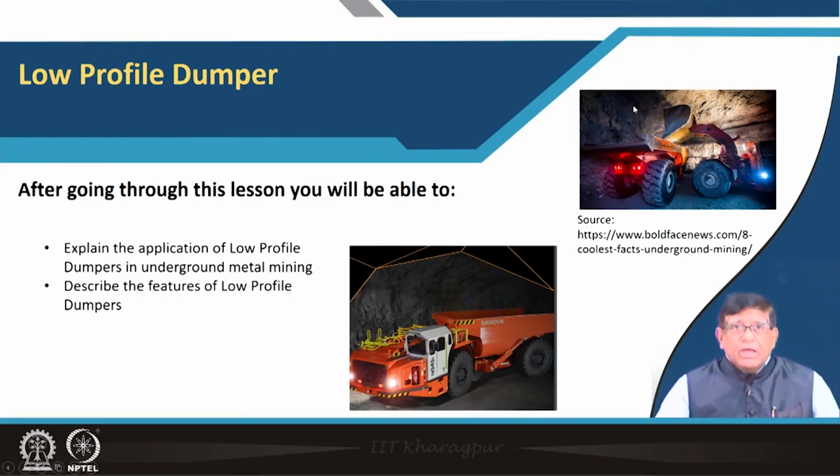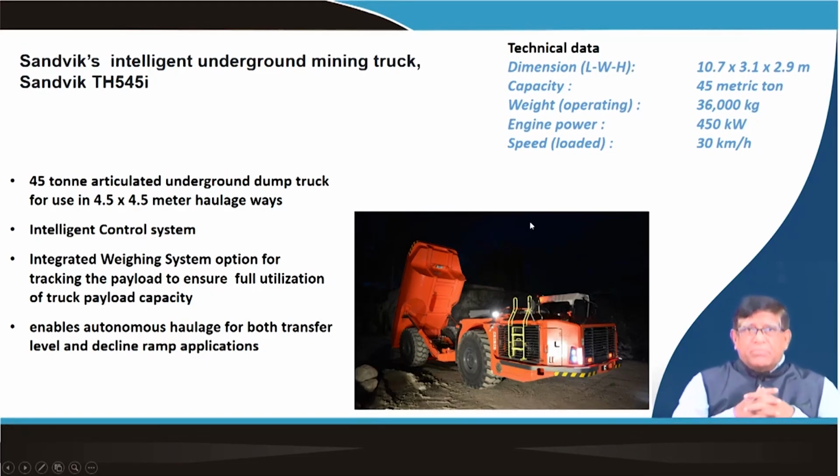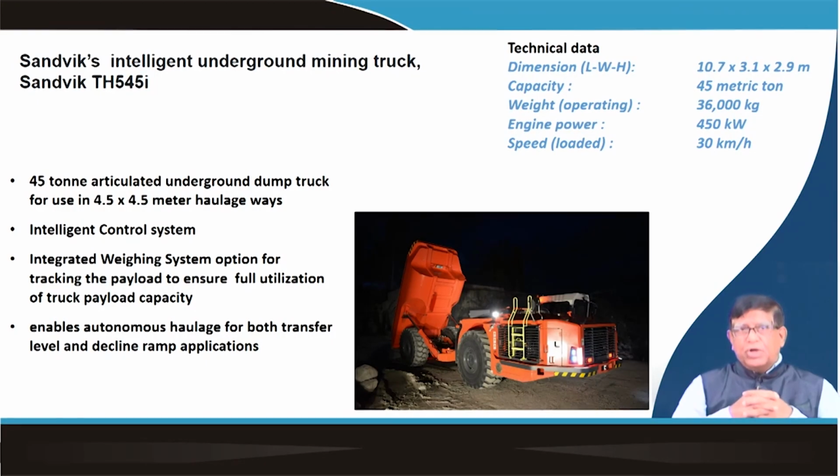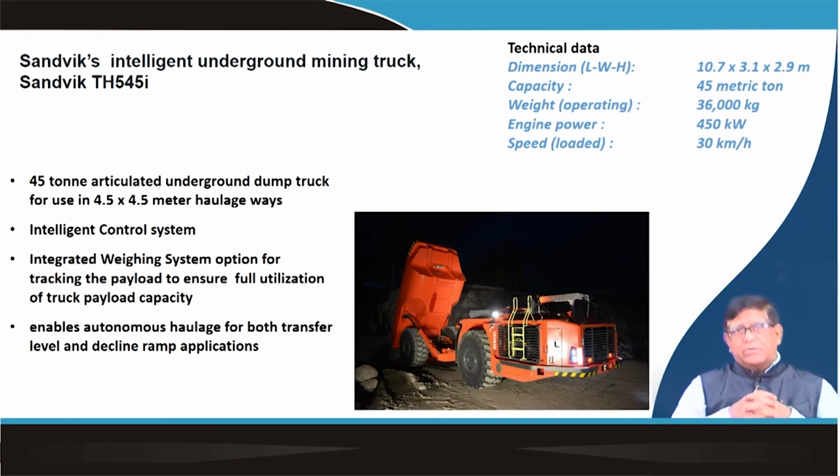These machines have a number of features: in operating in underground mines, its dimensions should be small. At the same time, when it is hard rock, the density of the material is high, so the total weight will be more. So, in a low height, nowadays even up to 21-30 ton can be carried by this machine.